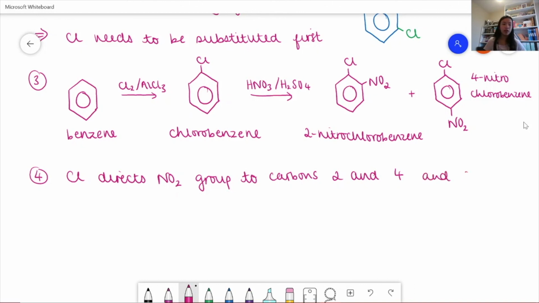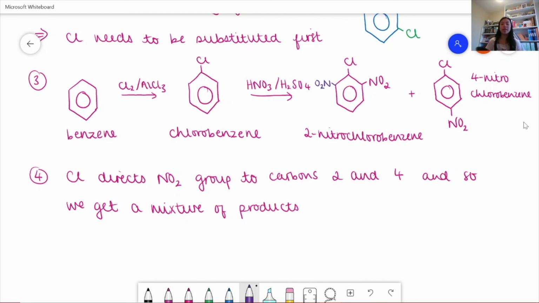And so we get a mixture of products. And the ratio of products we actually get is 2 to 1. Because for this 2-nitrochlorobenzene, we could also have the NO2 on here.